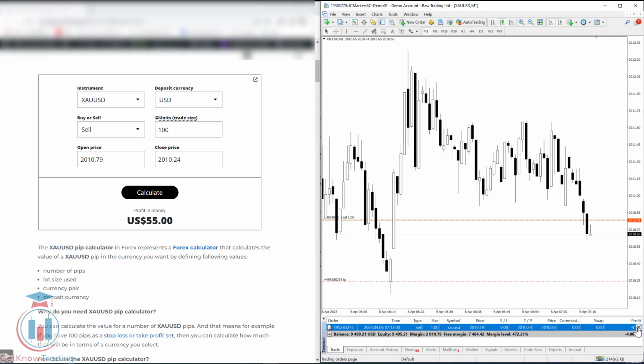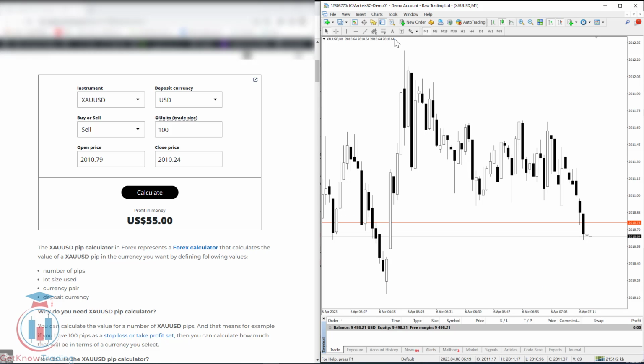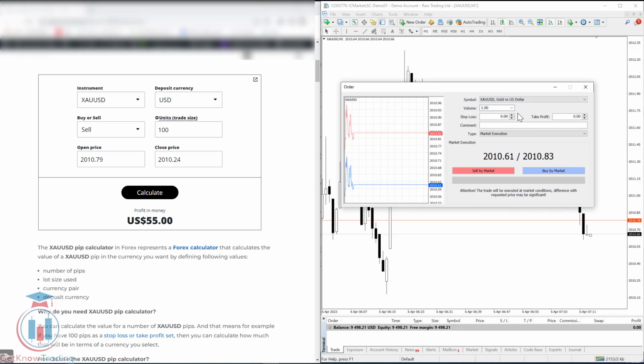For example, let's close this one and open a new one with a smaller lot size, which will be 0.1, 10 times less. In this case this would be not 1 standard lot but 1 mini lot.